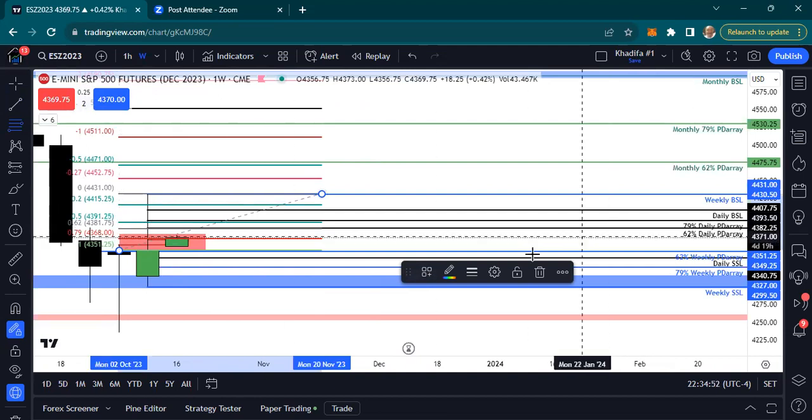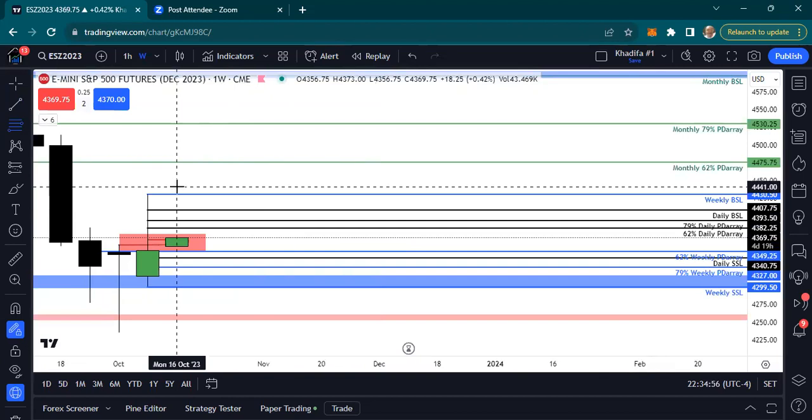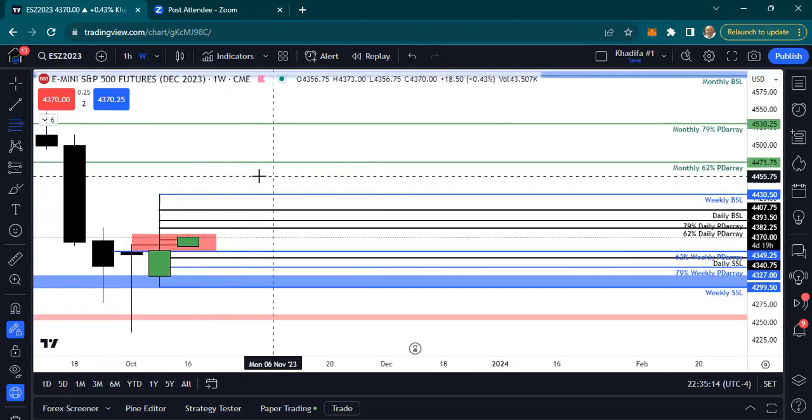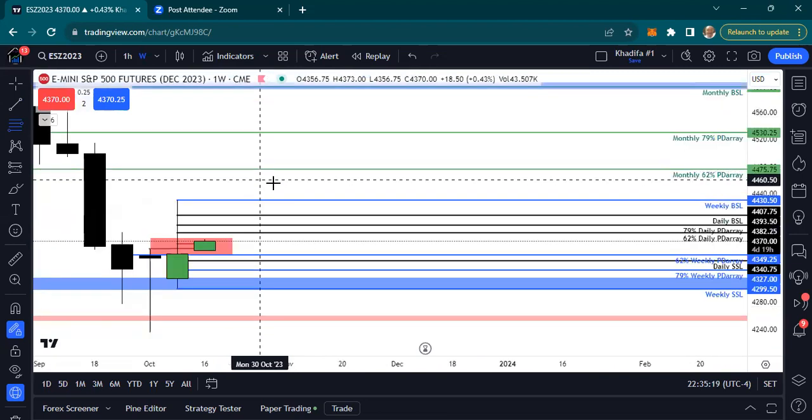So I would expect price to pull back down into the 79% of that daily PD array, right? Use it as an inverse PD array. And I would expect higher prices up to the monthly premium PD arrays of last month's price range, right? So that's what I'm expecting out of ES.